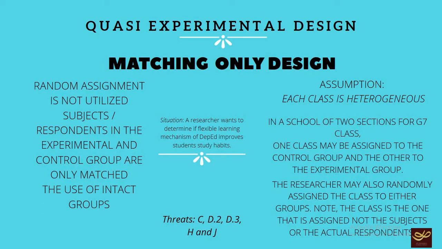Another aspect is also on data collector's characteristics and data collector's bias. And another one is H and J. So what is H in the first place? That is on history, and of course on the attitude of the subjects for your J.